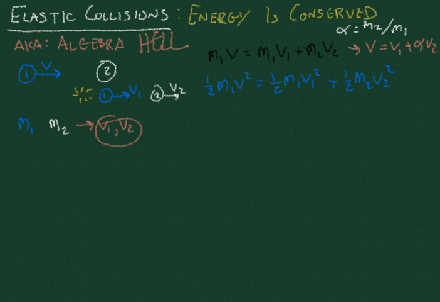The collision's elastic, which means that's completely conserved. So again, we divide by m1 and we multiply by 2. Now this gives us a new equation that says v squared is equal to v1 squared plus alpha v2 squared.